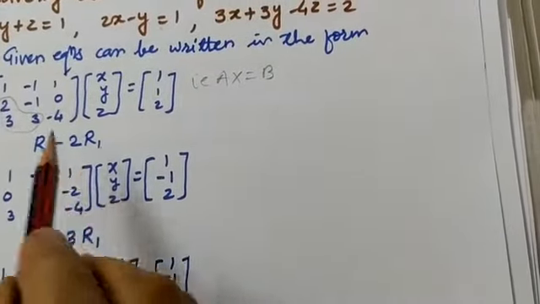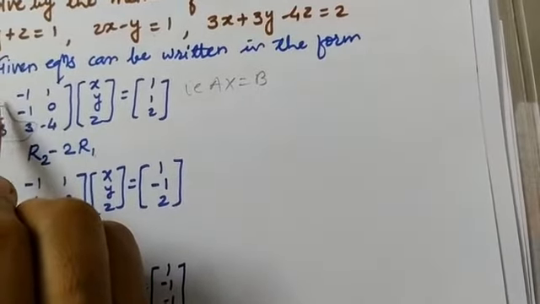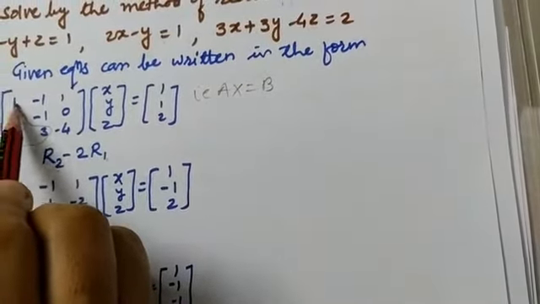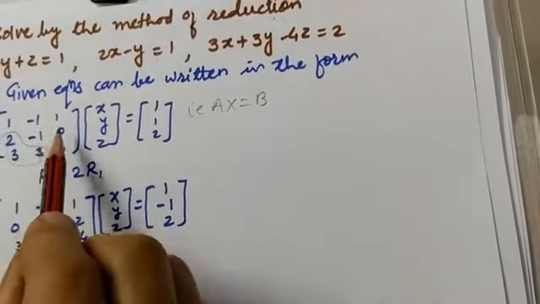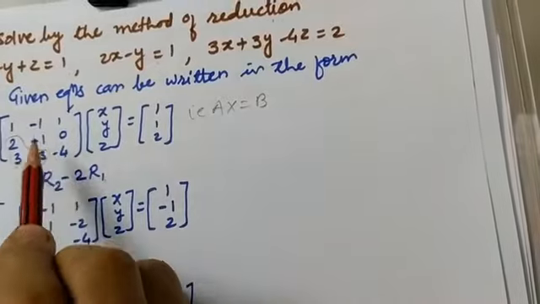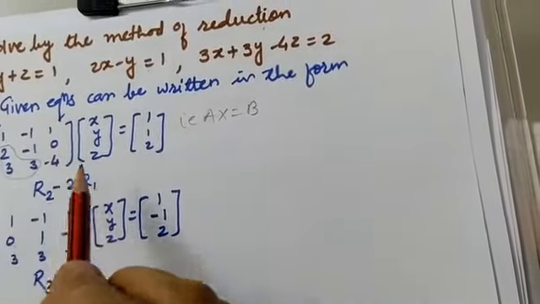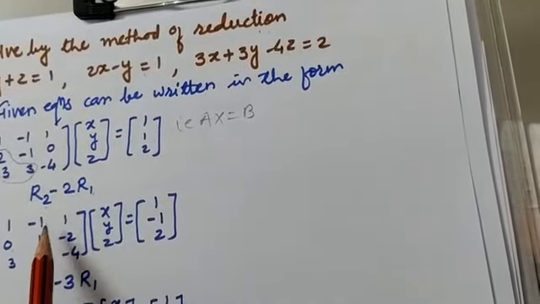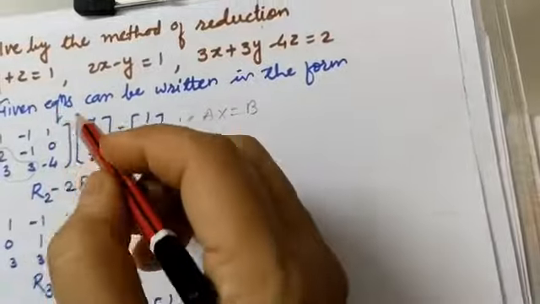R2 starts with 2, and if 1 is multiplied by 2 it becomes 2, then 2 minus 2 becomes 0. Here also, R2 minus 2 times minus 1, we get 1 at this place.